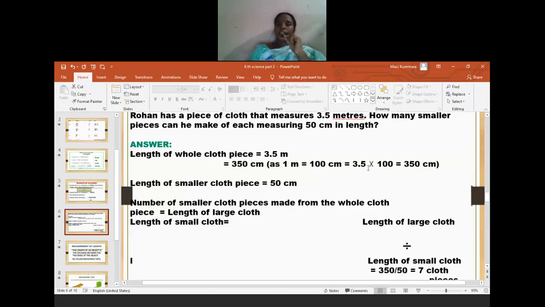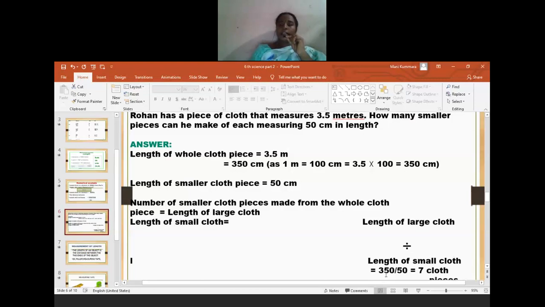So 3.5 into 100. When you multiply 3.5 into 100, you will get 350 centimeter. So the length of the smaller cloth piece is equal to 50 centimeter. We want a small cloth of 50 centimeters. So the number of smaller cloth pieces made from the whole cloth is equal to the length of the large cloth divided by the length of the small cloth.